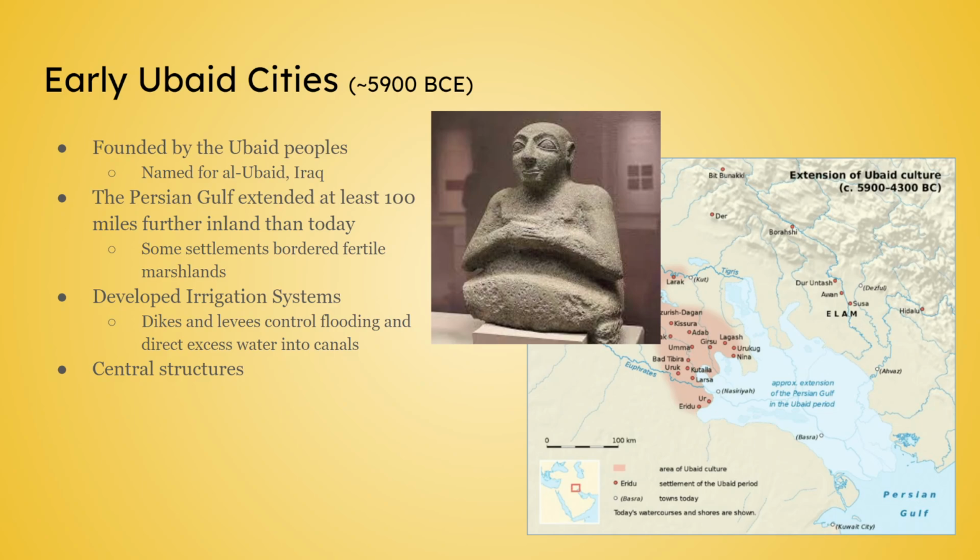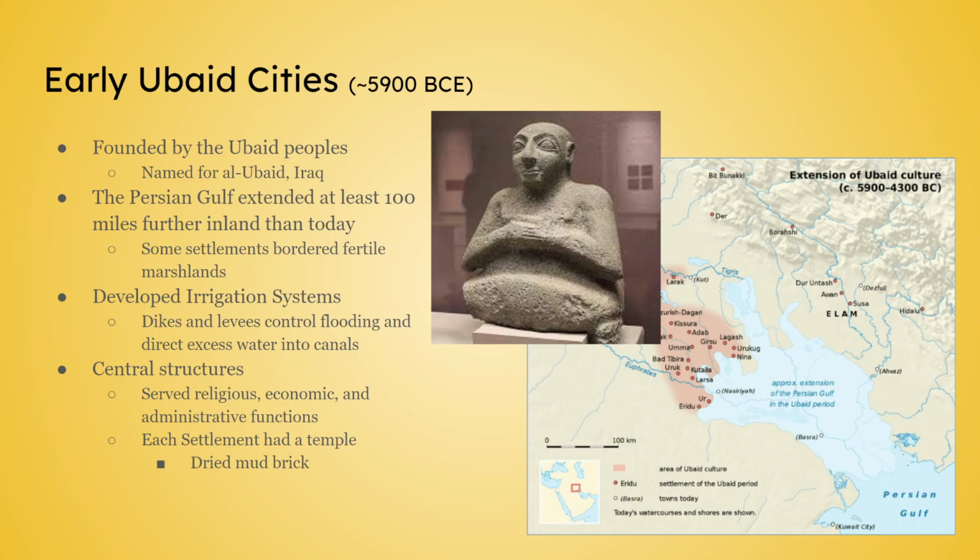And it's at this time that the Ubaid peoples would start creating central structures that served religious, economic, and administrative functions. For example, each settlement had a temple at its center made of dried mud brick.